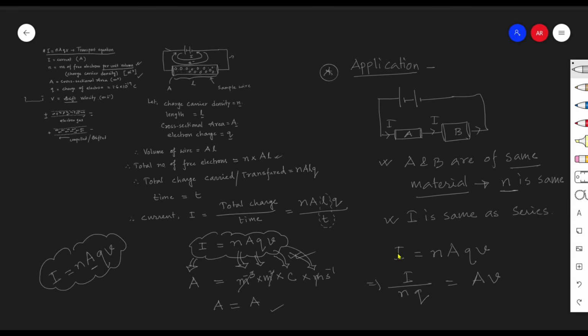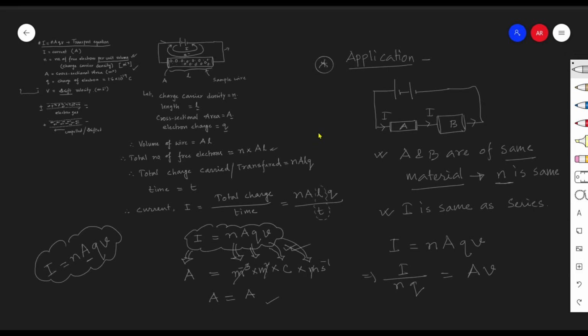It is just representing the charge of one electron. I is constant as they are connected in series. Whatever current flows through A, the same current flows through B. N is the same because it is stated that A and B are made up of the same material. So we have some constant value on the left hand side.